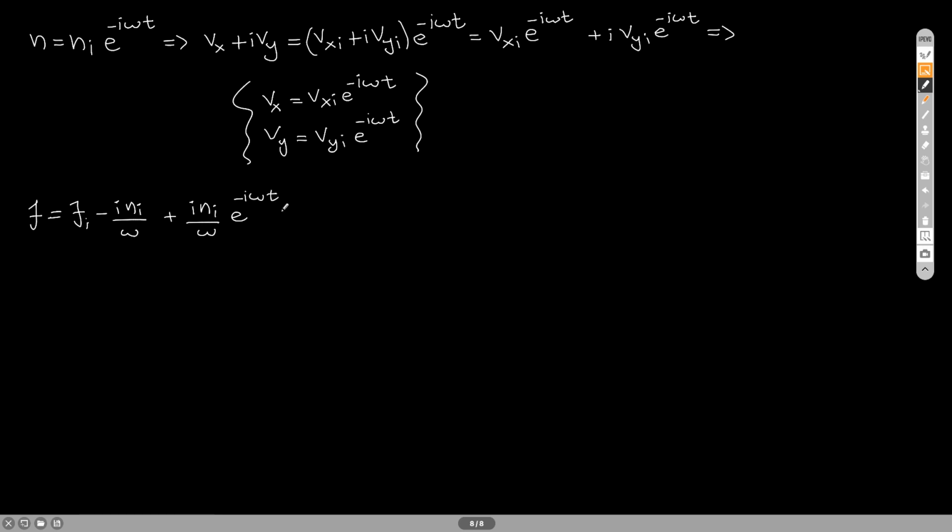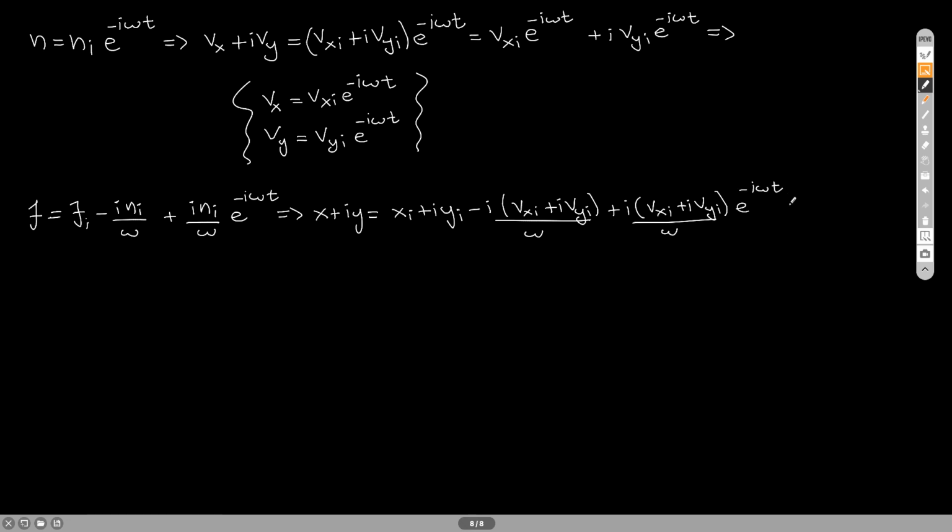And now I will use the quantities as I have defined them. So it will be x plus i y equals x initial plus i y initial, minus i, and here I have to be careful, this is Vx initial plus i Vy initial over omega, plus i times Vx initial plus i Vy initial over omega, e to the minus i omega t.